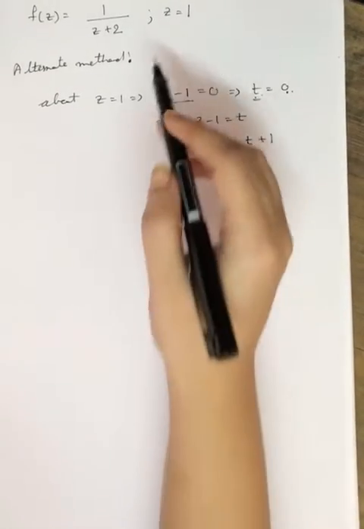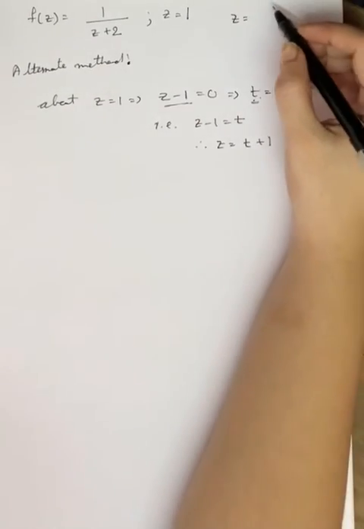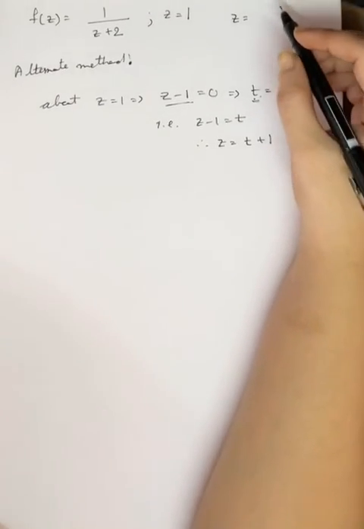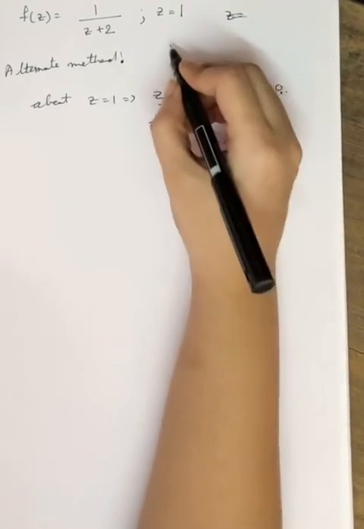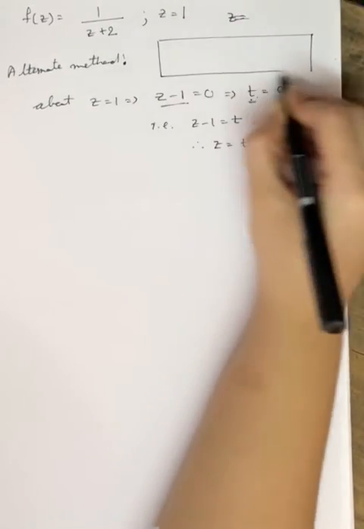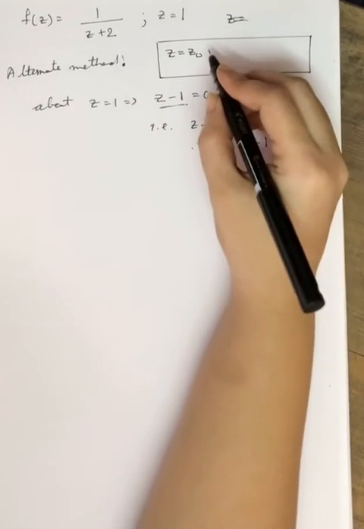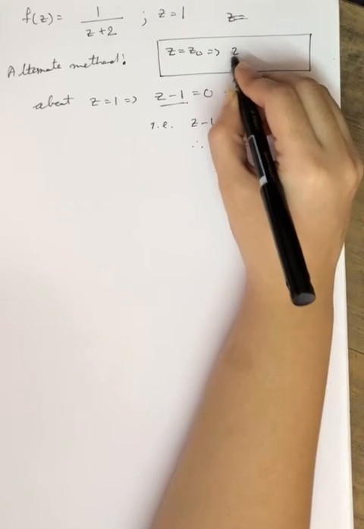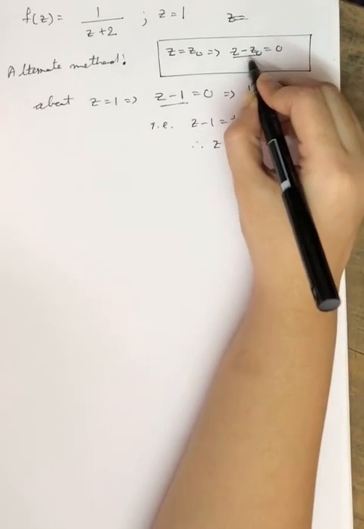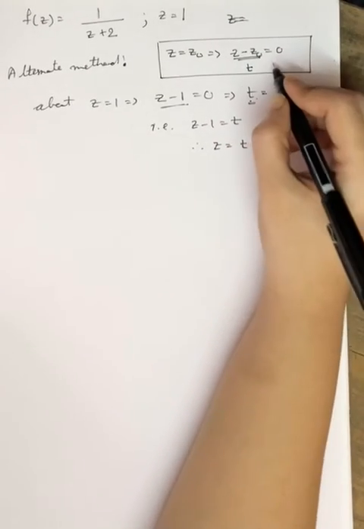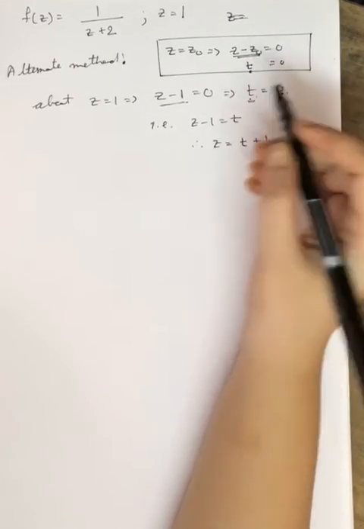So you just know that whenever you are asked to find the expansion, particularly for a polynomial, at z equals z0, you always convert it into this form, and then this z minus z0 becomes t. So it will be effectively t equals 0. So this whole thing will become t. So this is what I have done.